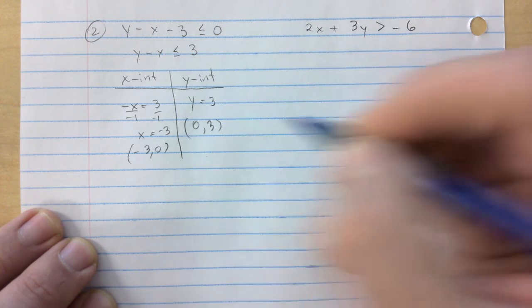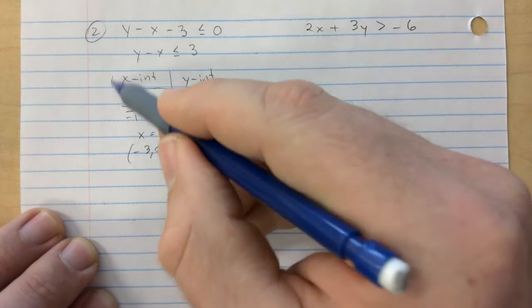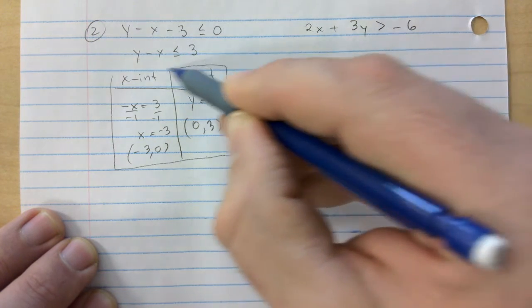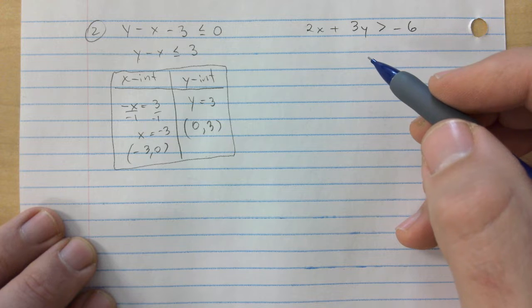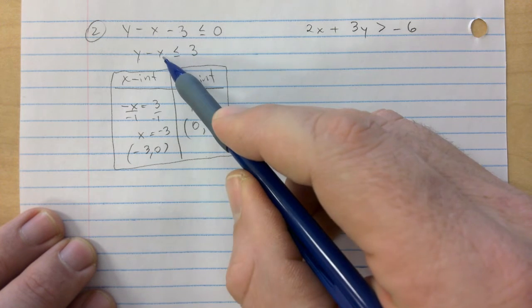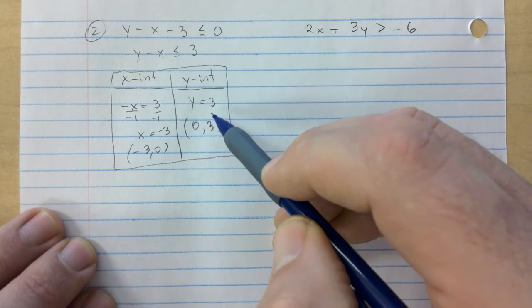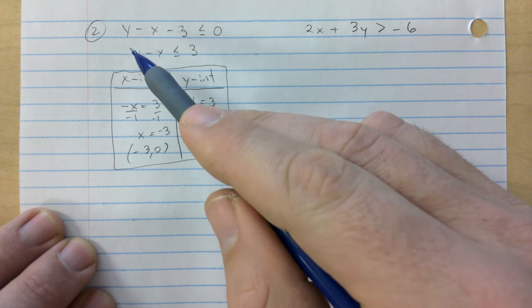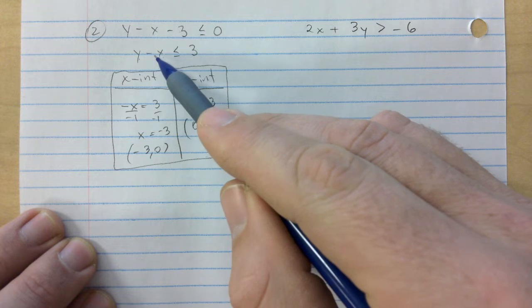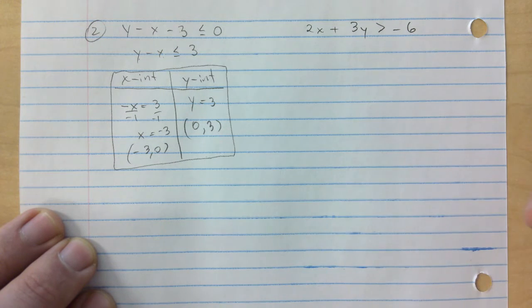It shouldn't matter. Okay, I want you to think as you're doing this. I don't want you to just follow every step I'm doing, right? I want you to think what's happening. Okay, x is equal to 0, so y is positive, y is equal to 3, right? Over here, y is 0, so you end up with negative x is equal to 3.